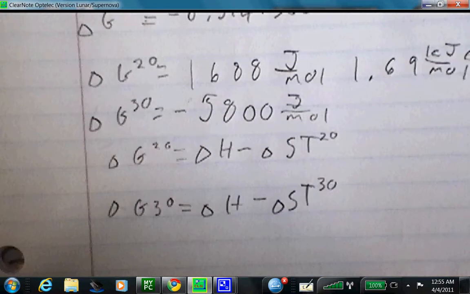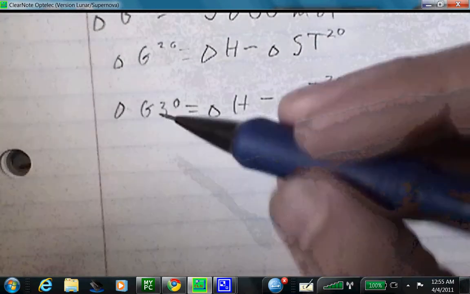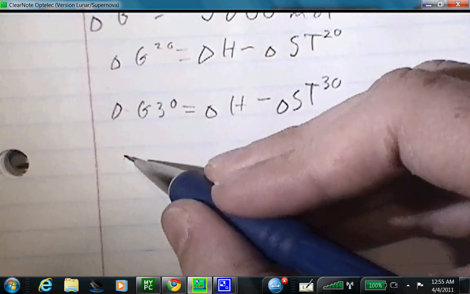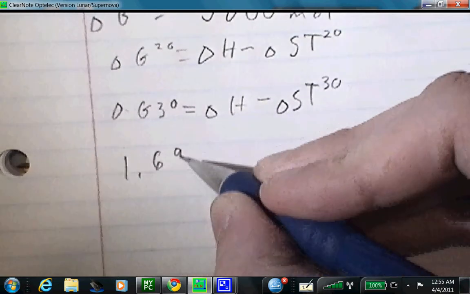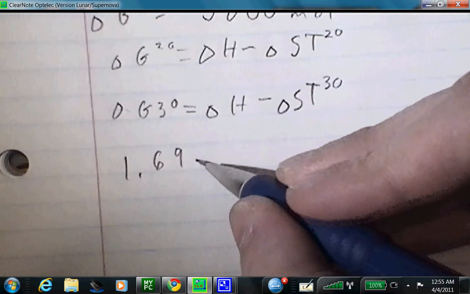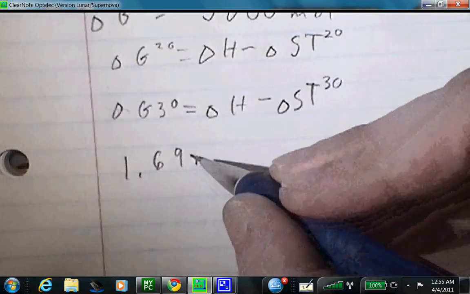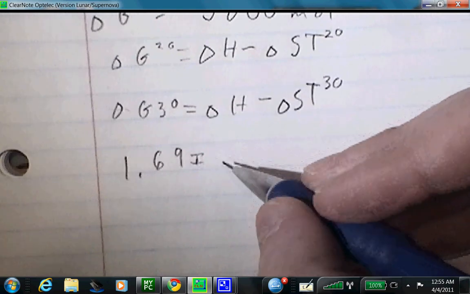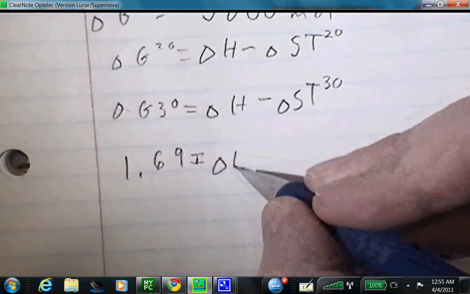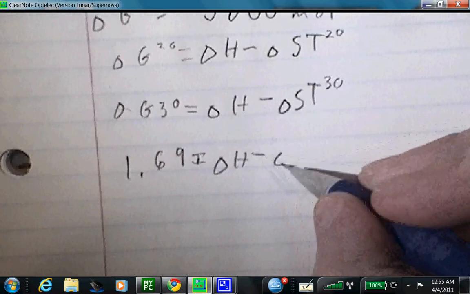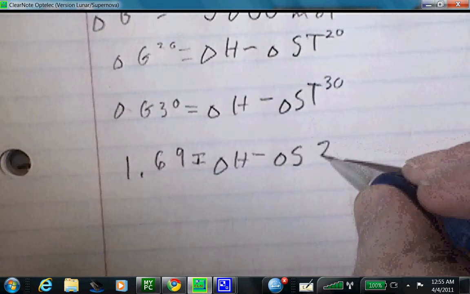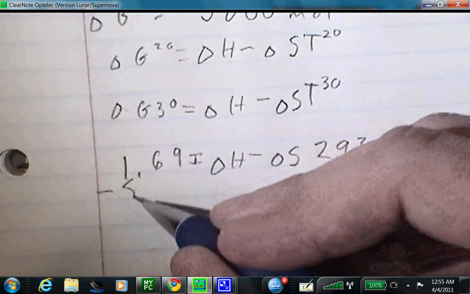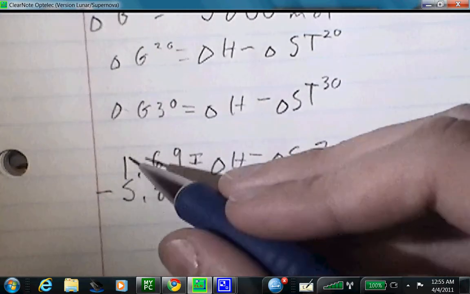Now we just plug in for what we have. As we calculated above, our delta G is going to be 1.69 equals delta H minus delta S at 293. Sorry, my thing's beeping at me. I lost my concentration. The other is negative 5.8 equals delta H minus delta S times 303.